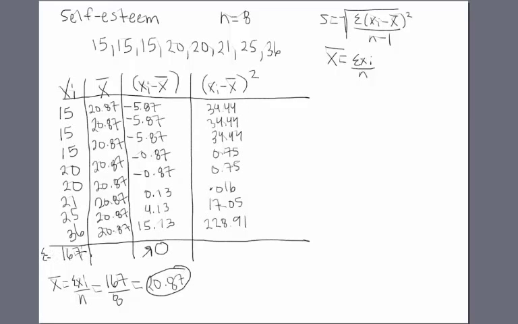Now you want to get the sum of the quantity x sub i minus x bar squared. So you're going to sum up all these values, and if you do that, you will get 350.79. Now we can plug these values into our formula. So again, we're going to show all of our work.